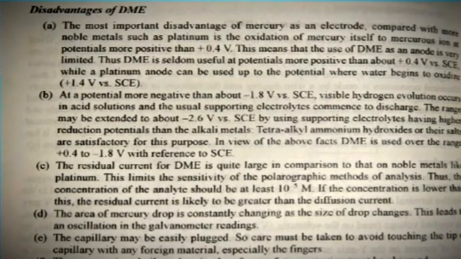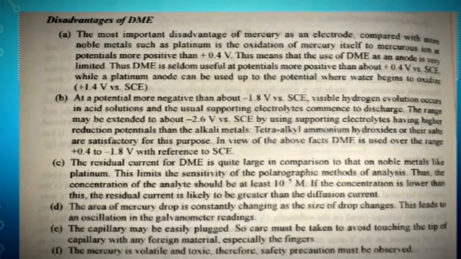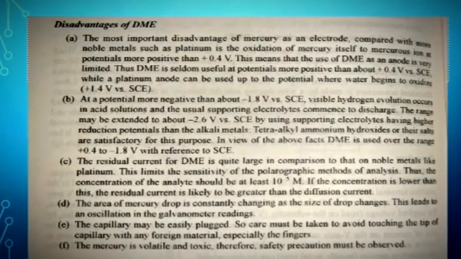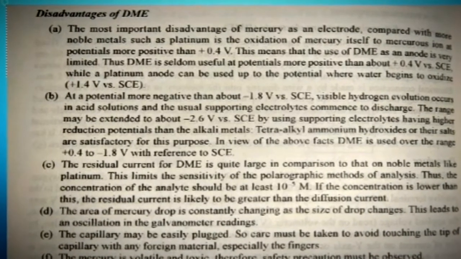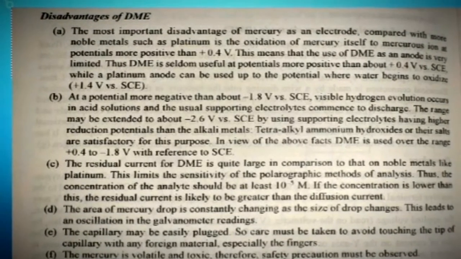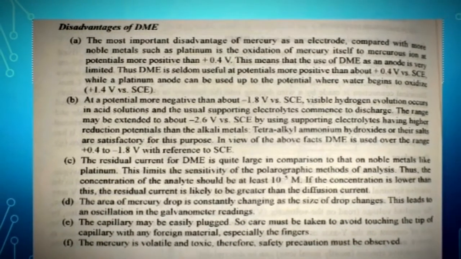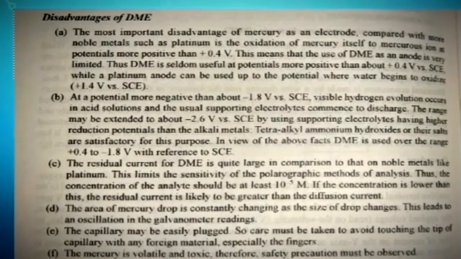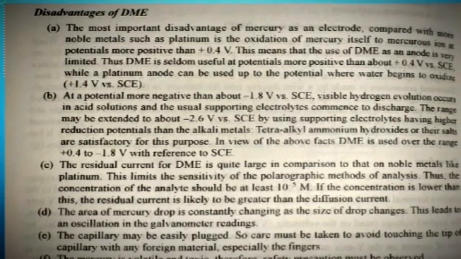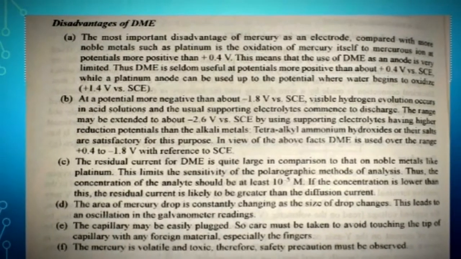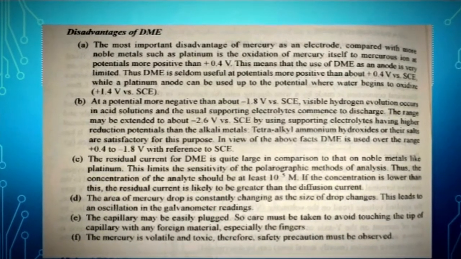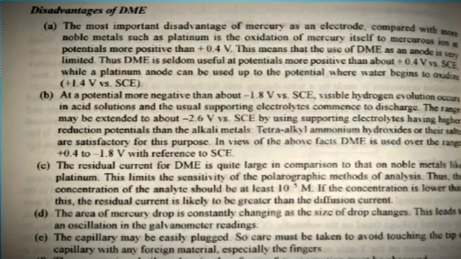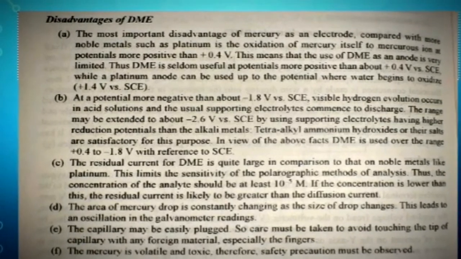This will be constantly changing because we don't know at what rate the drop will form and at what rate it will detach itself. Sometimes the drop might be very small and, due to some atmospheric changes affecting the surface tension, it falls. In other cases, there might not be any disturbance to the surface tension, resulting in a bigger drop that then detaches. So there can be changes in the size of the drop that is formed.